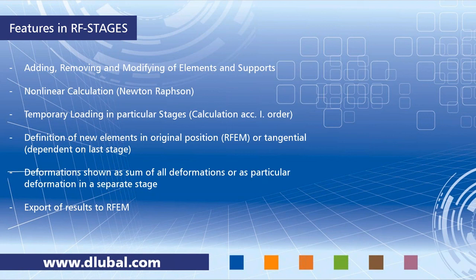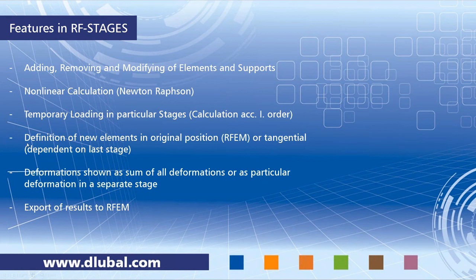So this is what you can do with temporary loads, and these act only in the stage and not in a following stage. These temporary loads are calculated by first order, and that's why you can combine them as a result combination in a particular stage.